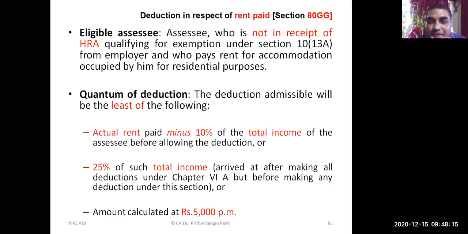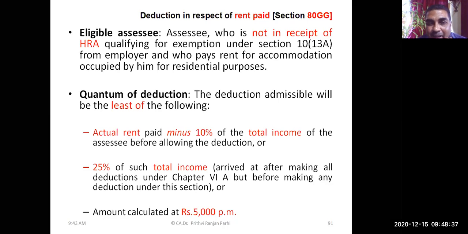Are you getting the example? My example is that someone is paying rent of 1,20,000 rupees. That means 10,000 rupees per month. And his total income is 3 lakh rupees.